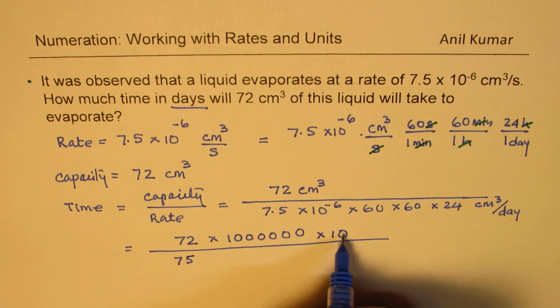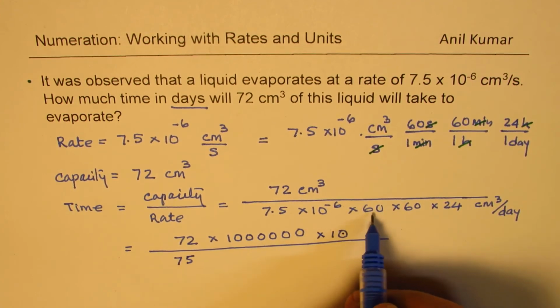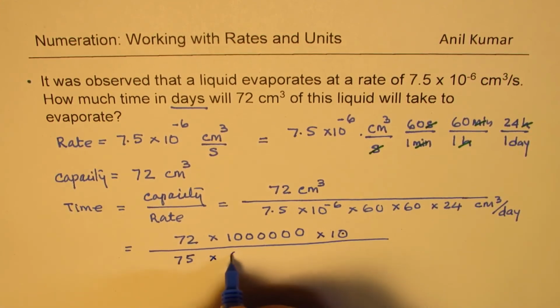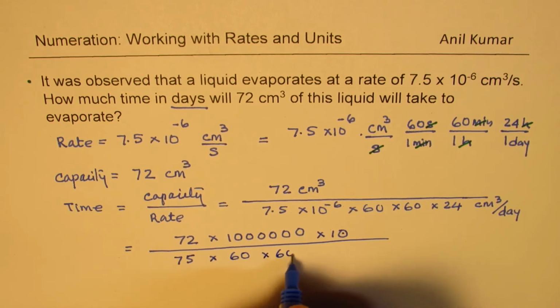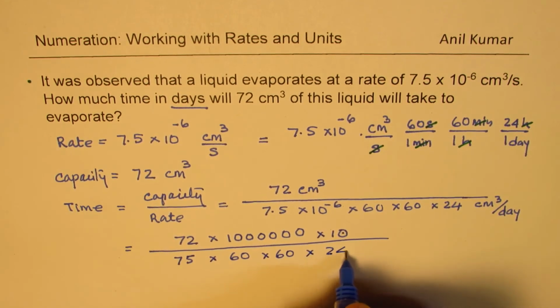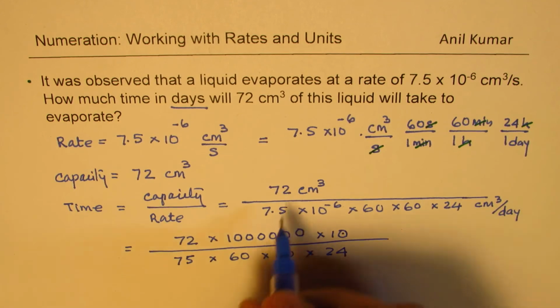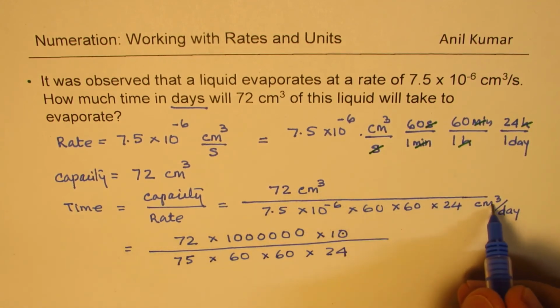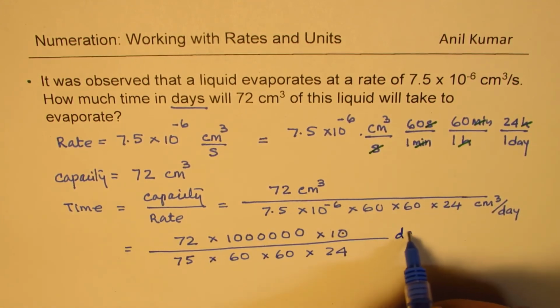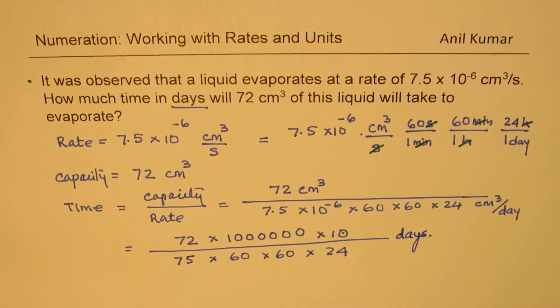Now we have 60, 60 and 24, so times 60 times 60 times 24. The units are now centimeter cube cancel and we get days. Is that clear to you?